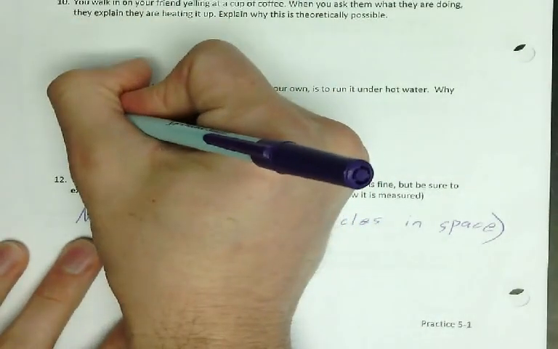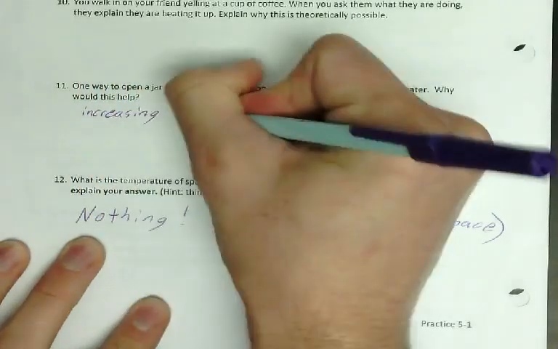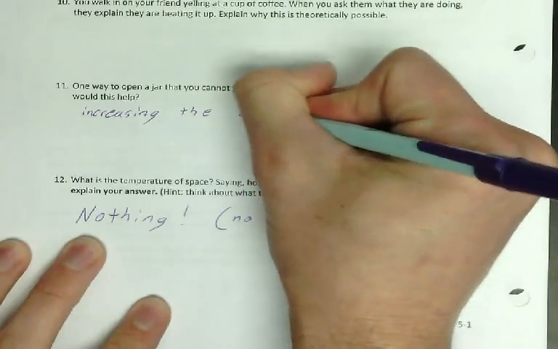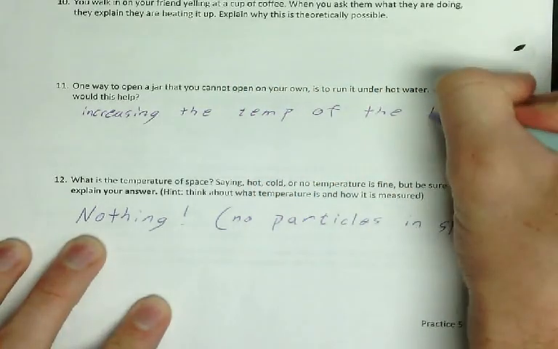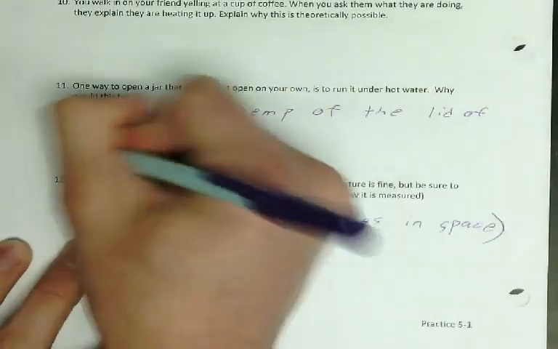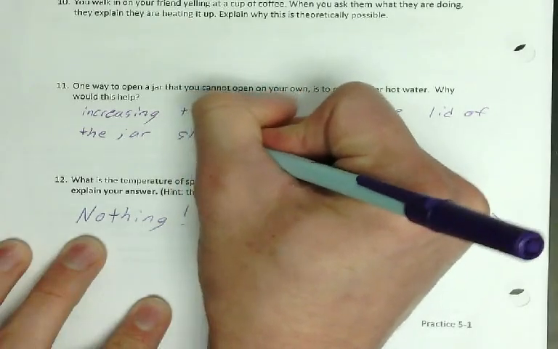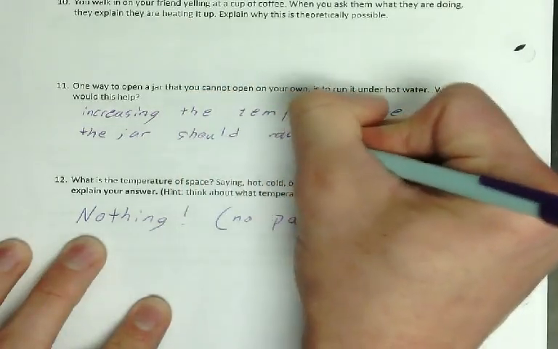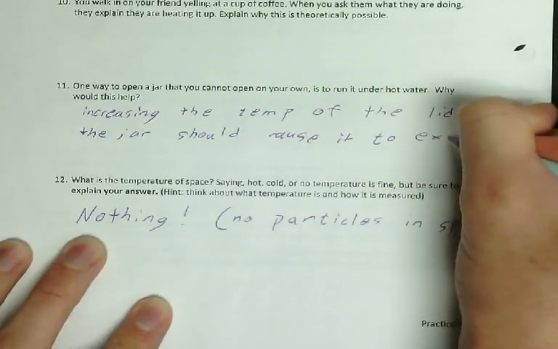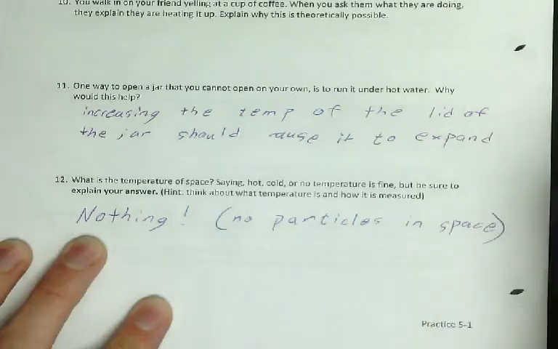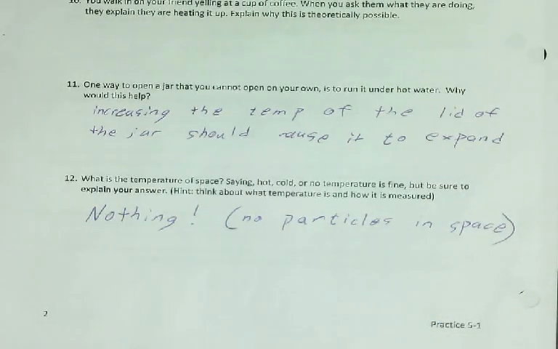So increasing the temp of the lid should cause it to expand. And this is all over the place. I'm going to show you a demo of this next time.